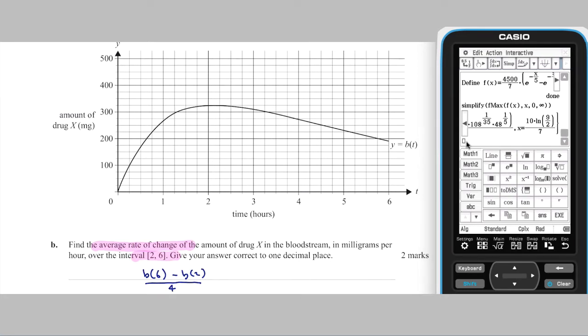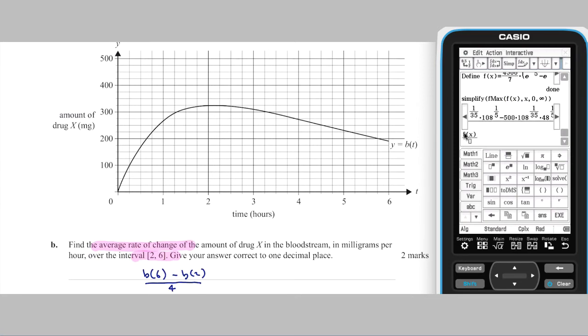On our class pad, this calculation looks like this. We can convert this to a decimal so we can provide our answer to one decimal place.